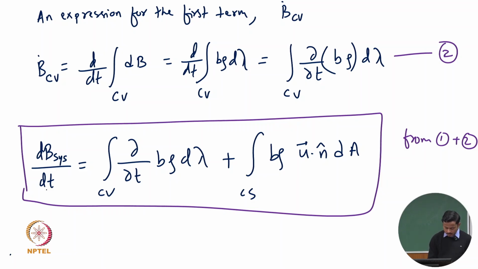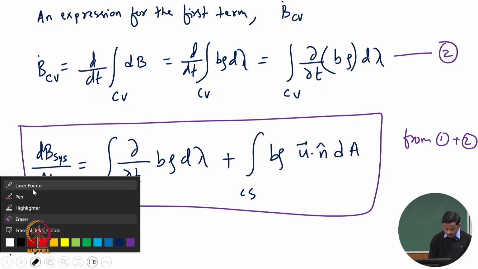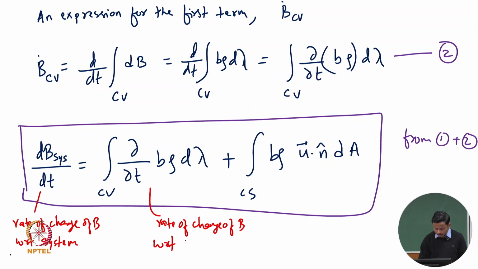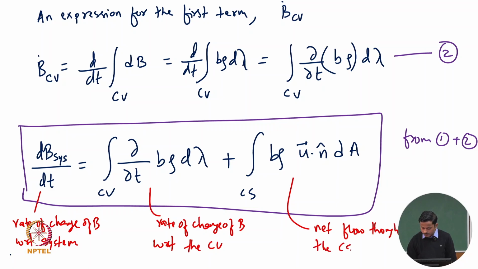So this gives us the rate of change of B with respect to the system, the rate of change of B with respect to the control volume, and the net flow through the control surface.